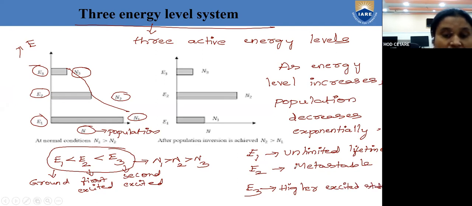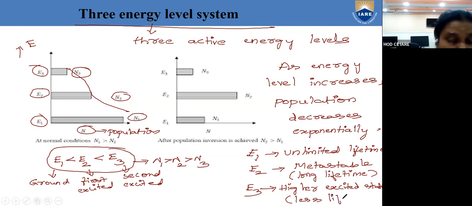Of those two excited states, we are saying that E2 is the metastable state. What is a metastable state? One which has a long lifetime, as we have already defined. Whereas this E3 excited state has a very short lifetime.